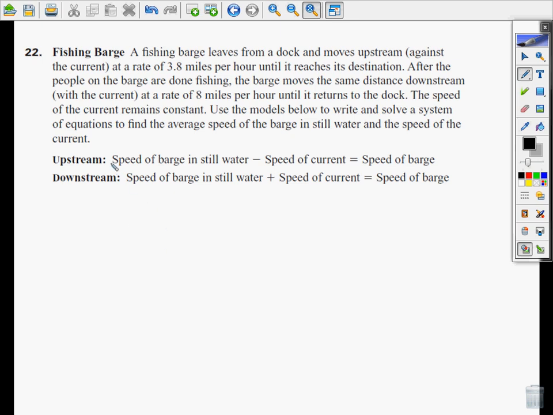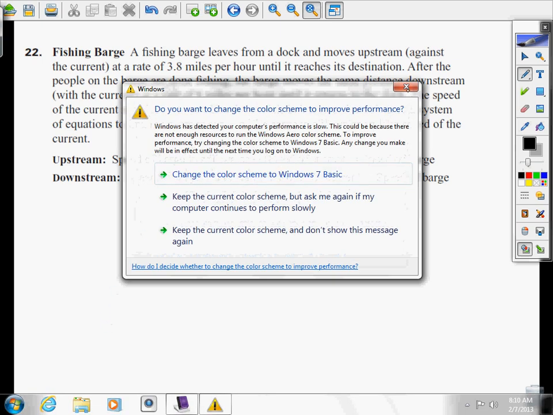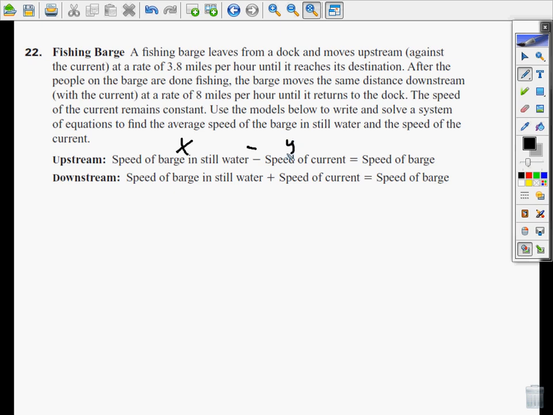So I've got the upstream and downstream equations. The speed of the barge in still water, I'm going to call x, minus the speed of the current, I'm going to call y, and the speed of the barge upstream is 3.8 miles per hour. Downstream, the speed of the barge is still x. Now it's going with the current, so I'm going to add the y.